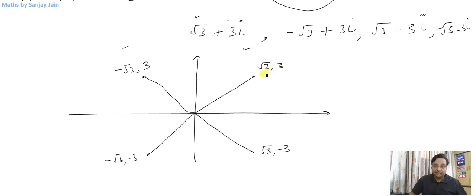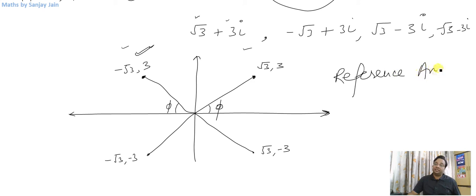Now if you see, this will make certain angle with positive direction of x-axis here. Let us call this angle as phi. And this ray, this position, will also make an angle with x-axis, so let us call it as phi. So what is phi? Phi I am taking as my reference angle.